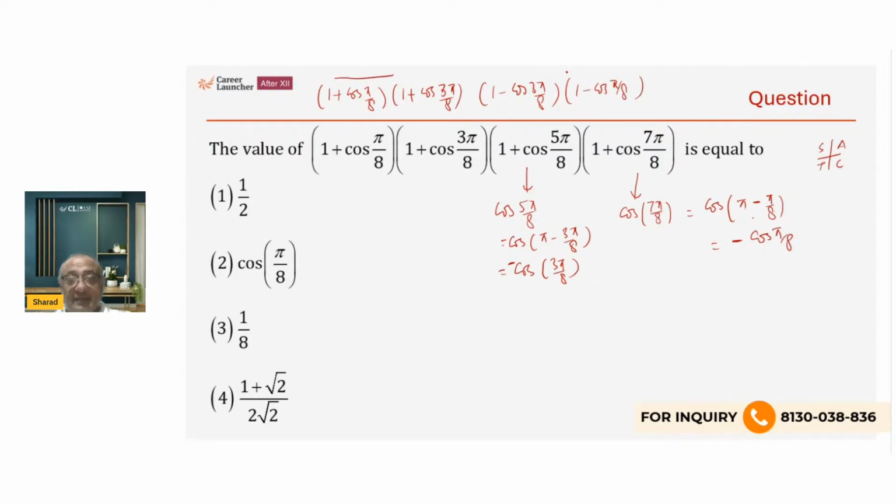Take first and fourth. I'm waiting. A plus B into A minus B. What will it be, A plus B into A minus B? This will be nothing but 1 minus cos square pi by 8. And this will be 1 minus cos square 3 pi by 8.